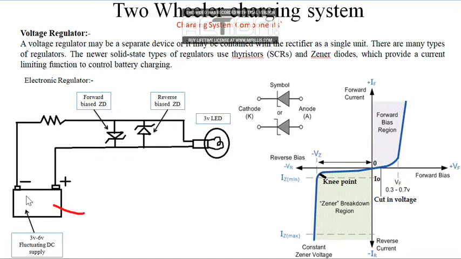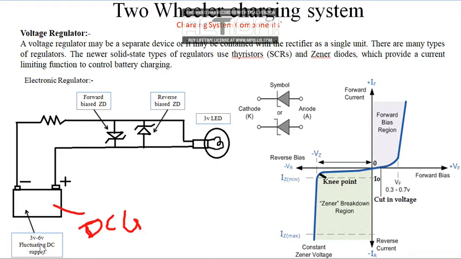It looks like a battery, but just imagine for now it is a DC voltage source, because in a charging system we also fix this regulator, not rectifier, this regulator, after the conversion of AC to DC. So right now just imagine this is our DC generator, a DC variable supply source.